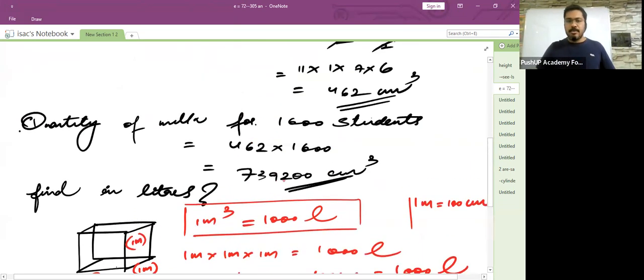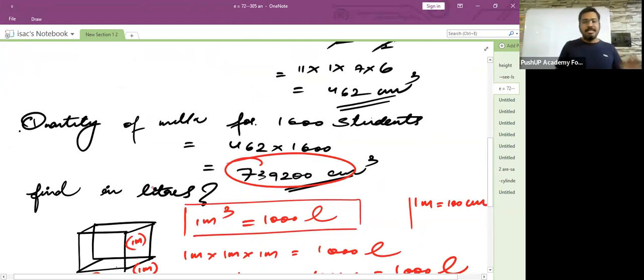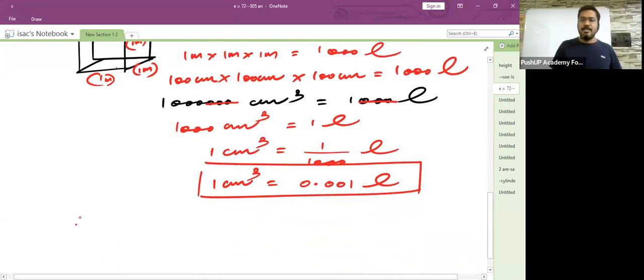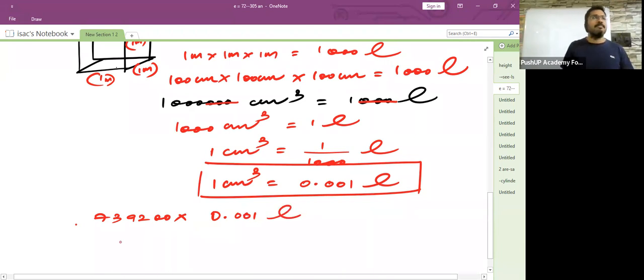Now, let's get back to the question. How much centimeter cube was the answer? 739,200 centimeter cube. They are asking us to convert this into liters, isn't it? So children, you can convert this into liters by using 739,200 multiplied by 0.001 liters, since you are converting centimeter cube into liters.